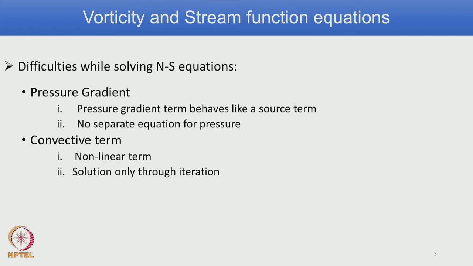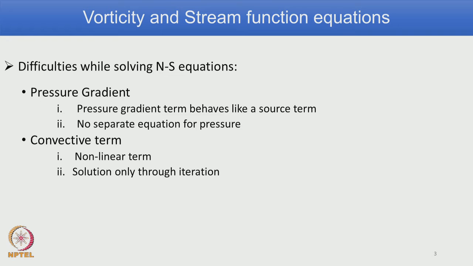The other major difficulty is the convective term. We noticed that in the convective term, velocity multiplies its own derivative, which behaves like a nonlinear term, and the solution is obtained only through iteration.